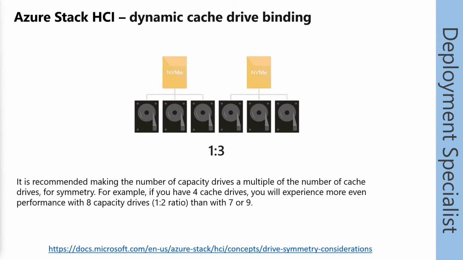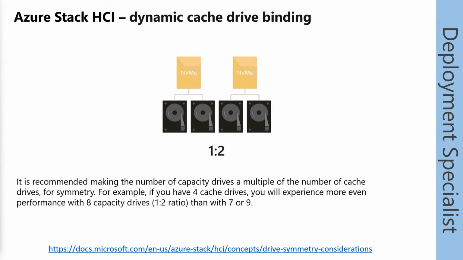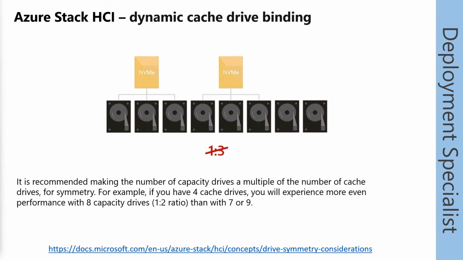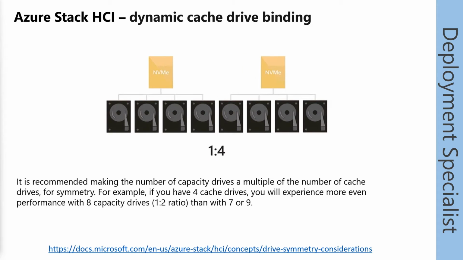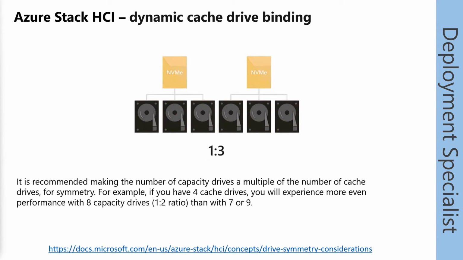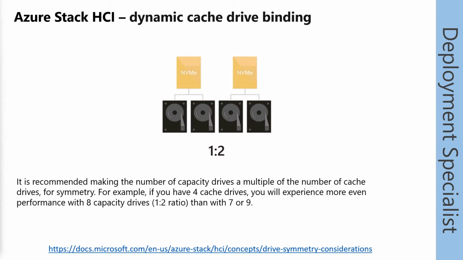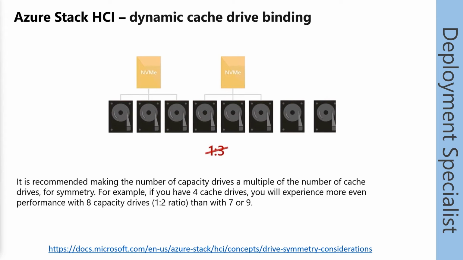It's not good to have on the left NVMe 3 capacity drives and on the right hand NVMe only 2 capacity drives. So if we start with 2 cache drives and 4 capacity drives, we always should add 2 drives or 4 drives or 6 drives in each server. If we start with 3 cache drives and 6 capacity drives, we always should add 3 additional capacity drives in each server. So it depends on your initial configuration how you will extend your configuration of the drives in Azure Stack HCI.